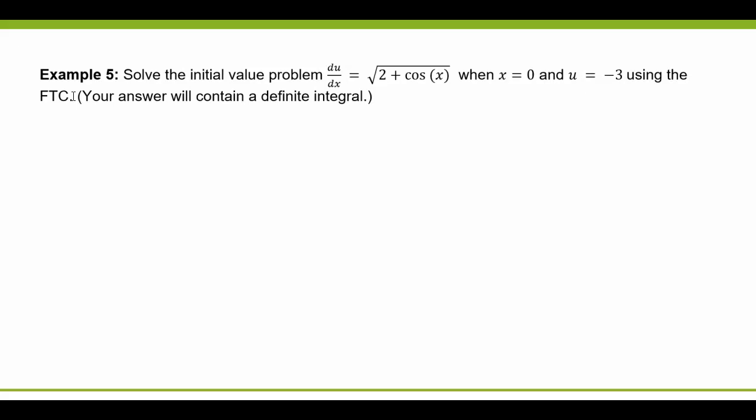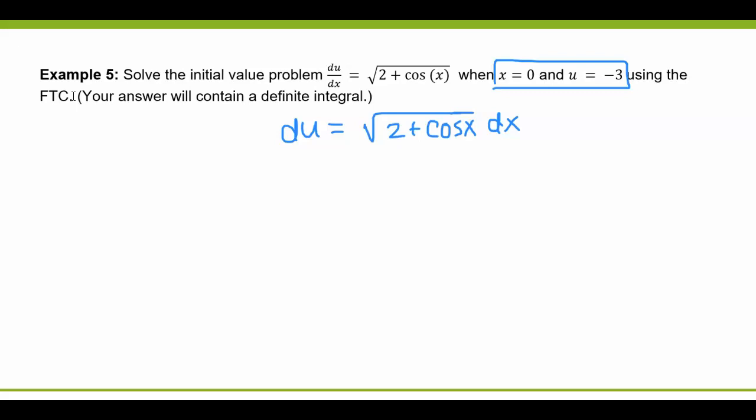then, and honestly, I think this came from a multiple choice question, which means it would be easier for you, go back to your idea of separation of variables, because that's what we're now talking about. And we have our dx's and our u's, and we have our initial conditions. So how can I incorporate an initial condition?